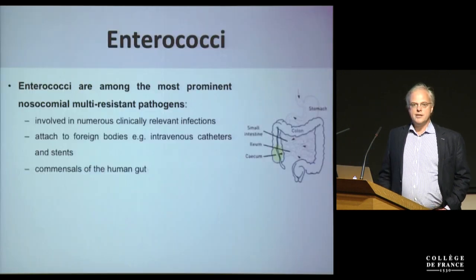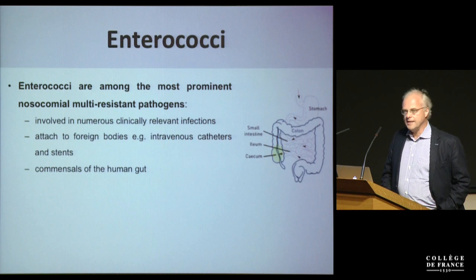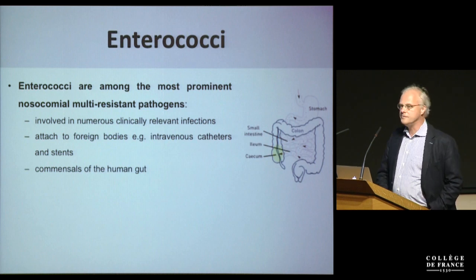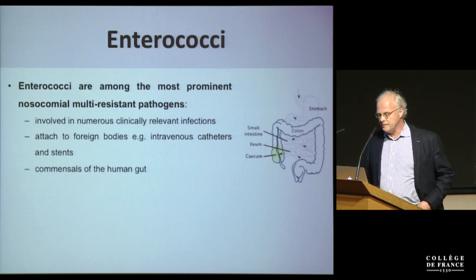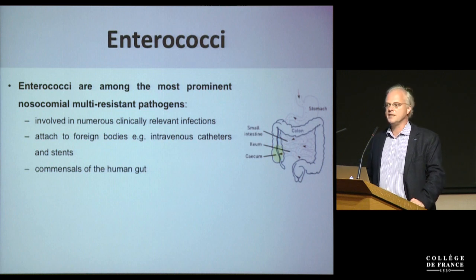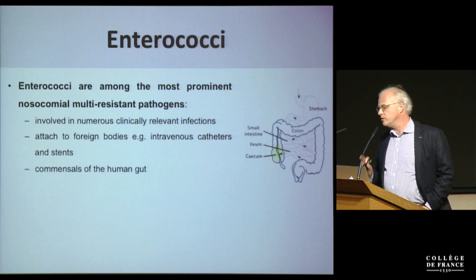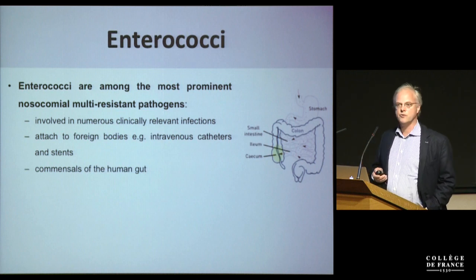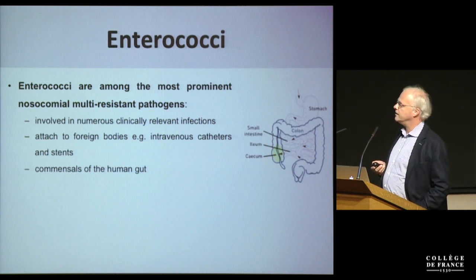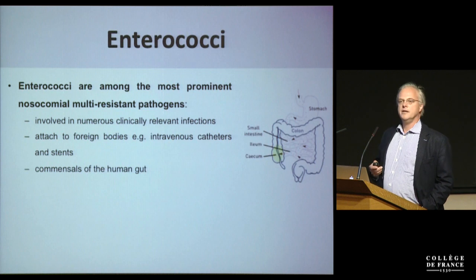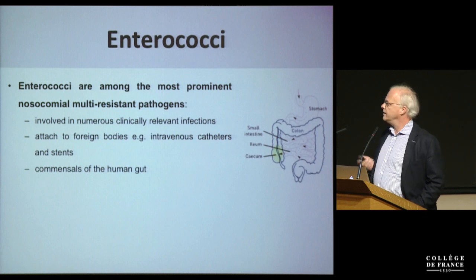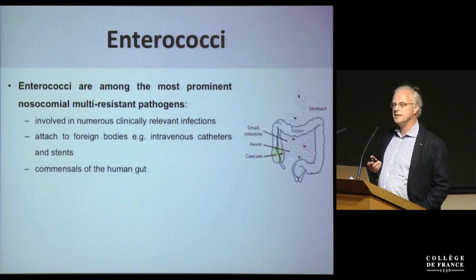So we are working with Enterococcus faecalis and Enterococcus faecium. And in the previous talk, you heard about Staphylococcus aureus as a nosocomial pathogen. Enterococcus is similar to Staph aureus in being a very important and complicated nosocomial pathogen involved in a whole number of clinically relevant infections.